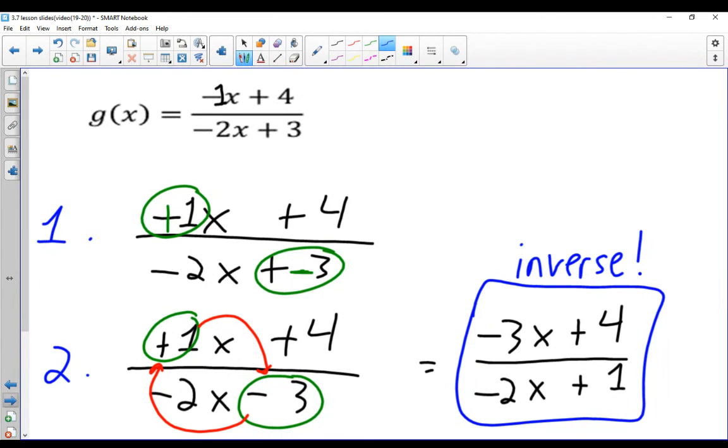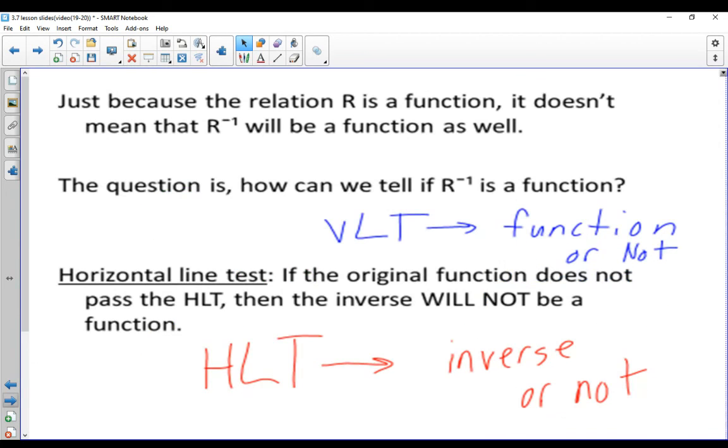And you're done. And that is 90% of today's lesson in a nutshell. And now, the last 10%, real quick, real easy. So, you guys are familiar with the vertical line test. Basically, you take a vertical line, make it run through a graph, and it will tell you if it's a function or not.